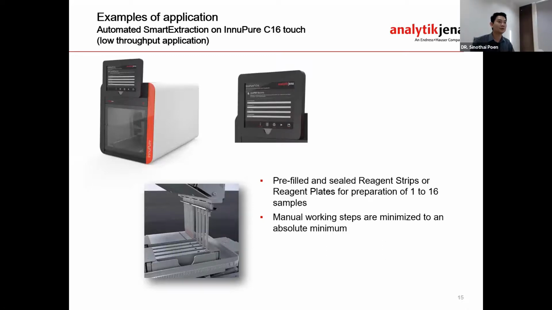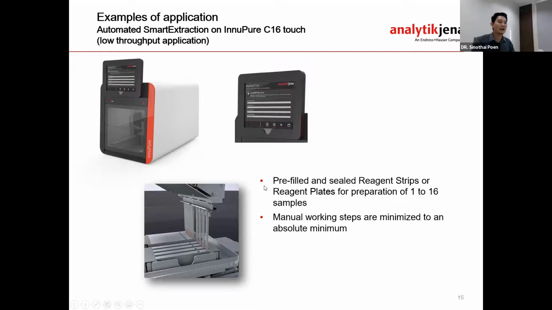I would like to show you some examples of extraction using smart extraction on our low to medium throughput nucleic acid extraction system called InnoPLC16 Touch. This is a standalone device controlled via an internal tablet here.